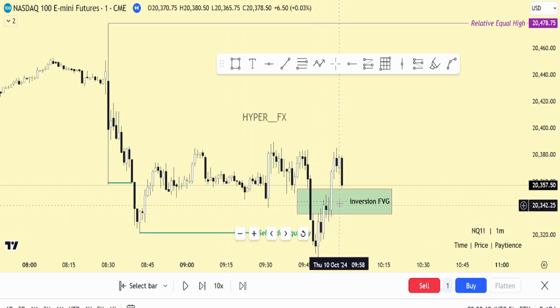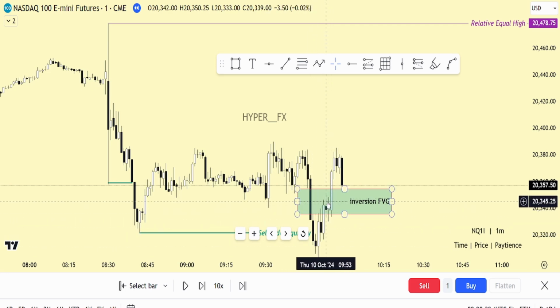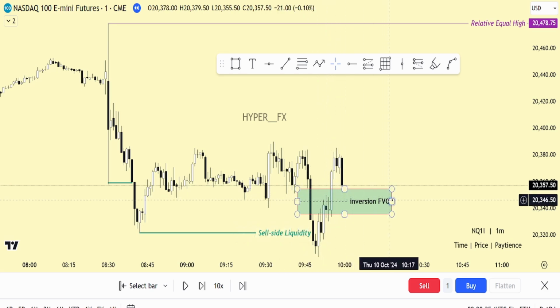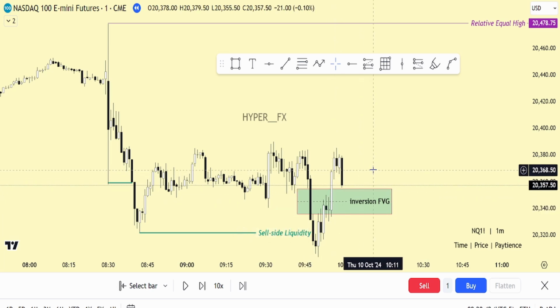And if you are familiar with inversion fair value gaps, you will know that once price takes out a low and forms an inversion fair value gap, you mark out your inversion fair value gap and wait for price to close above this inversion fair value gap.